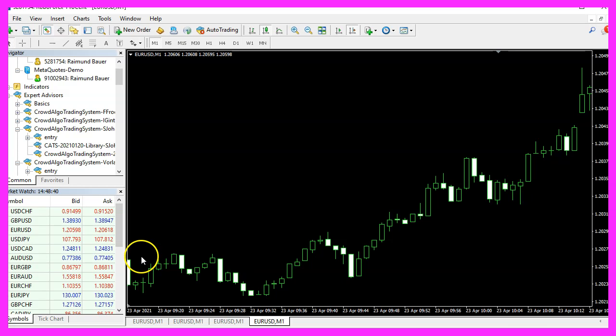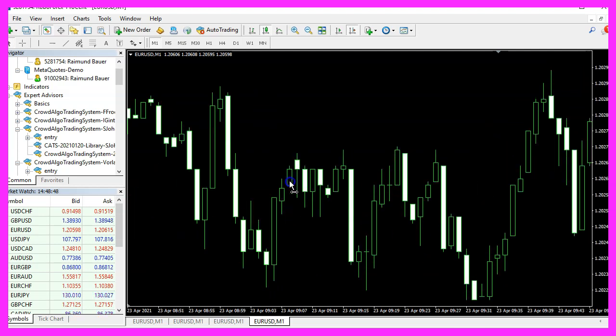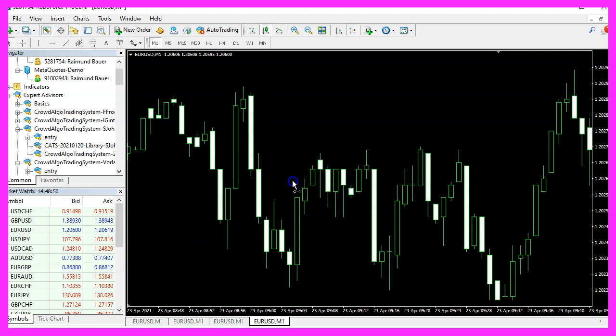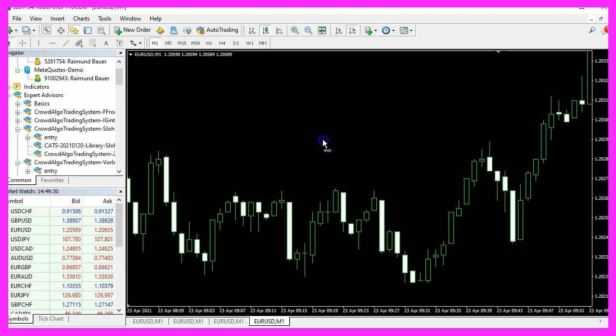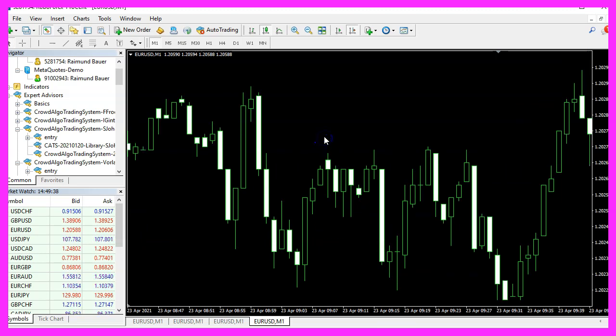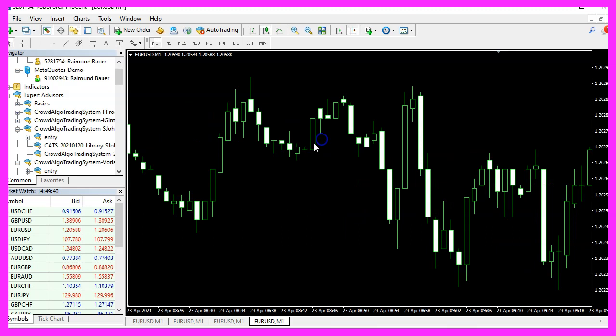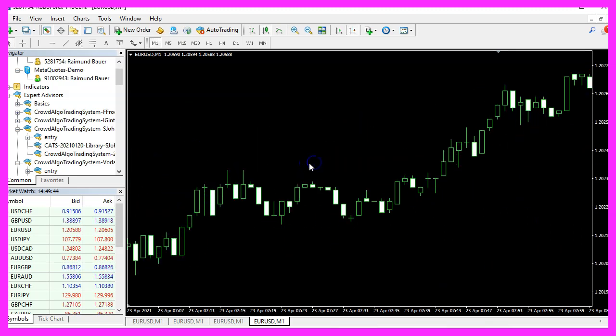That means that this constellation here looks very different when you just scroll a little bit. You see? The candle sizes are much larger now, and that is because of the relative visual representation on the chart. So something that you might see with your own eyes might be less obvious for an expert advisor.